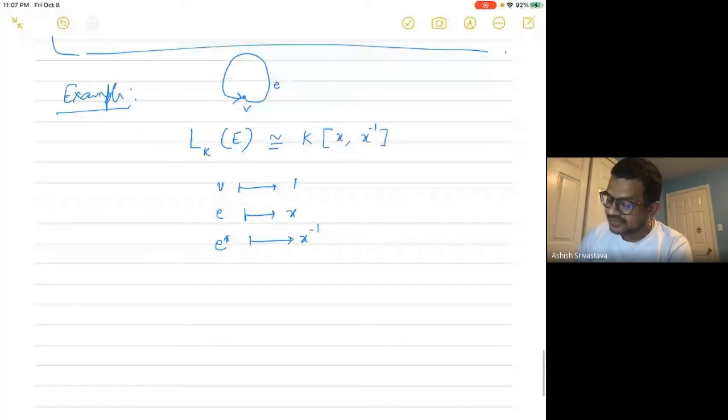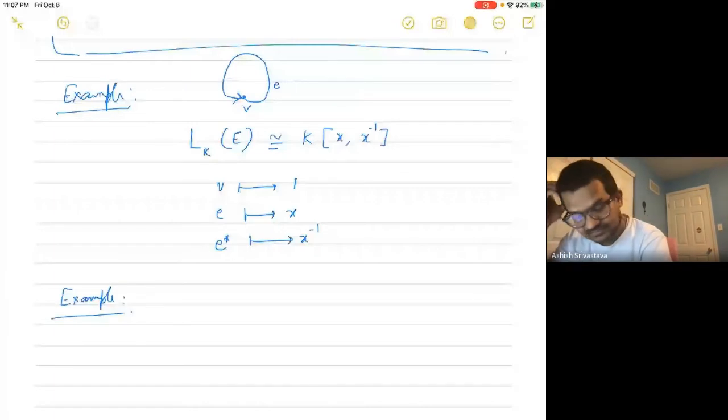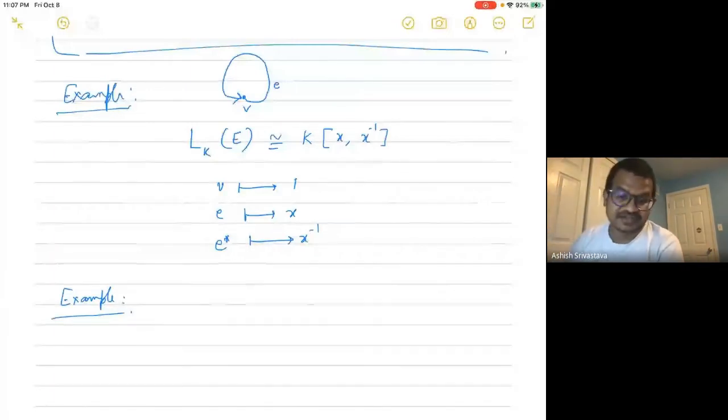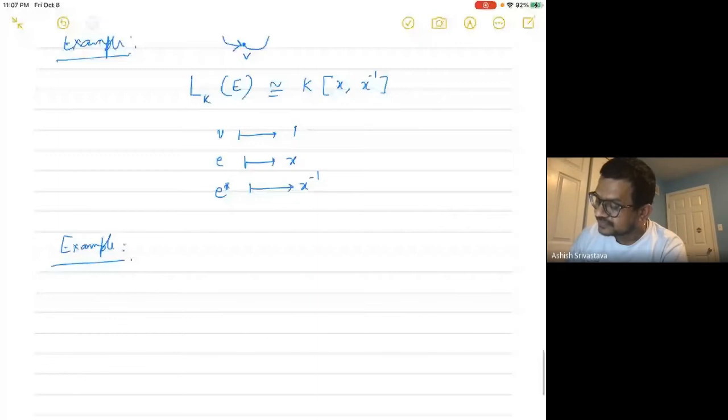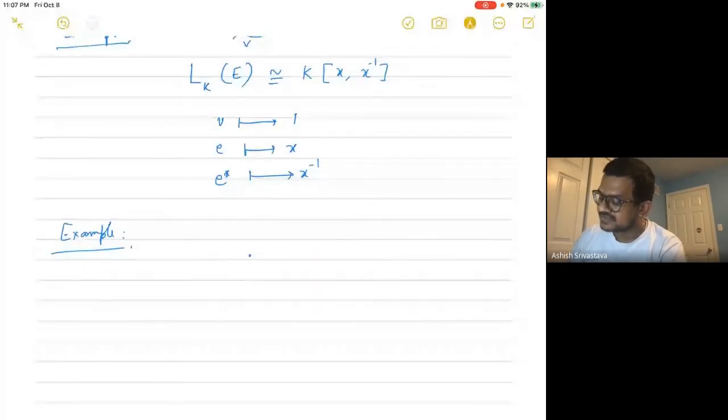Another example, and this will give you an example of a ring without the invariant basis number property. A non-IBN ring: if you take a vertex, we call it a rose graph.